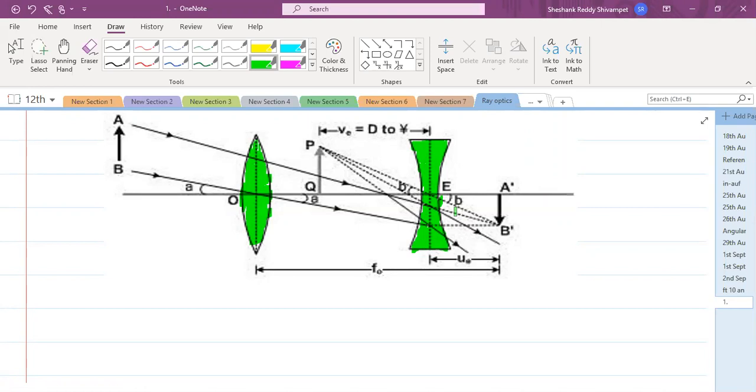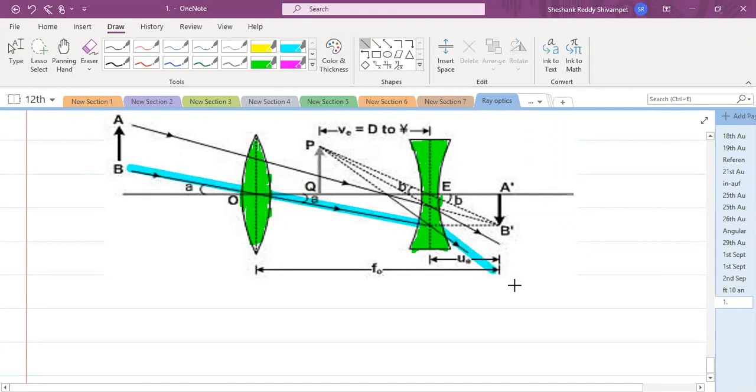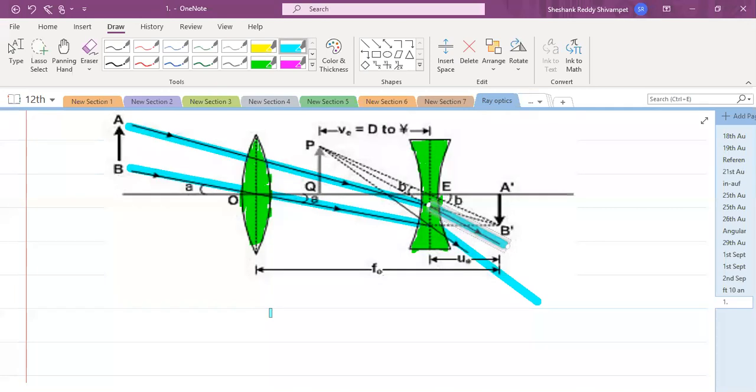From the ray diagram, you should be able to tell. Look carefully, follow the rays. One ray is this and then this. The other ray is this and then this. It's not an exactly correct ray diagram, but of course you have to understand the point.